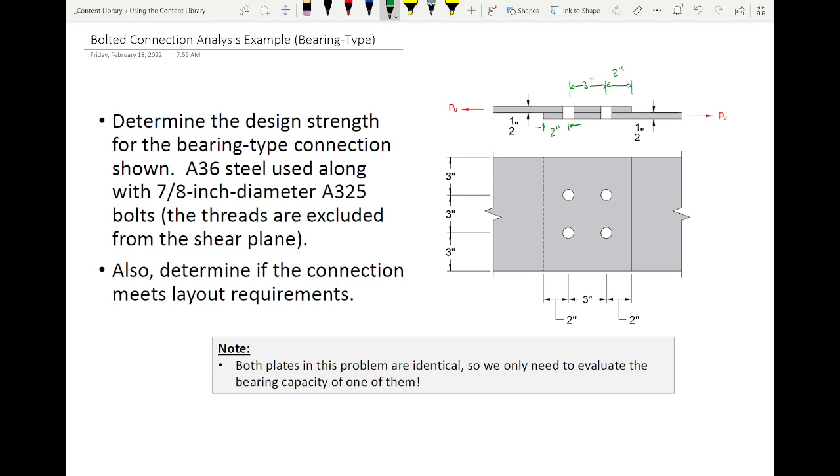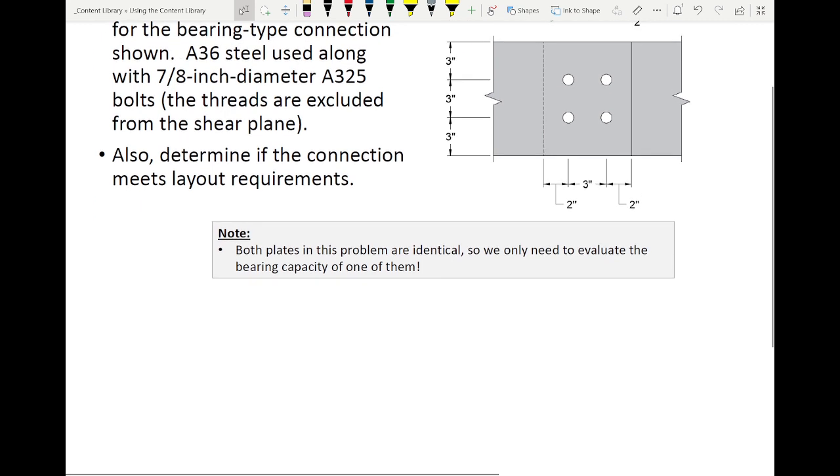Okay, so we have 2 limit states to assess. The first is bolt shear. Let's do that one first. Okay, so let me move this out of the way. All right, so let's look at bolt shear. What were the bolt diameters? We have A325.